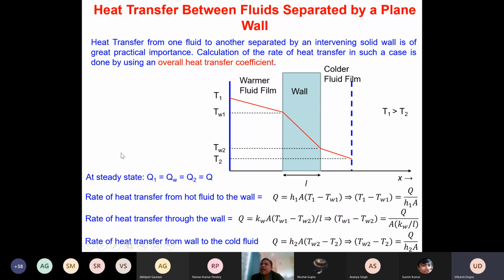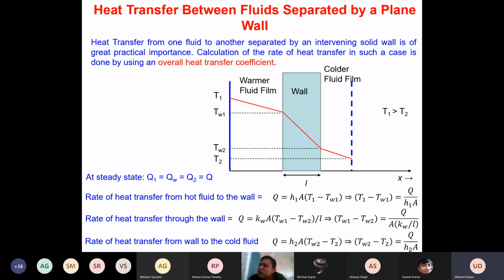Whenever we are looking at heat exchangers like a double pipe heat exchanger or a shell and tube heat exchanger, there is a pipe, and around that pipe there is another pipe. In the annular region, one hot or cold fluid is moving, and inside the pipe also another fluid is moving. So both the fluids are separated by a metal wall. And this type of situation you regularly see.